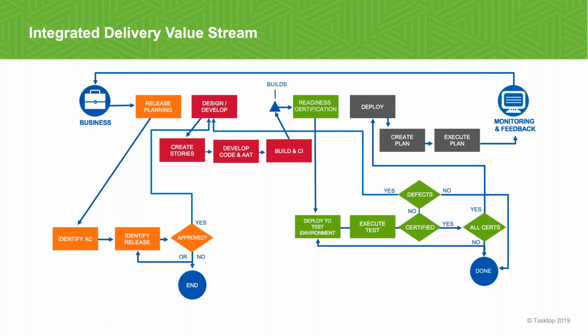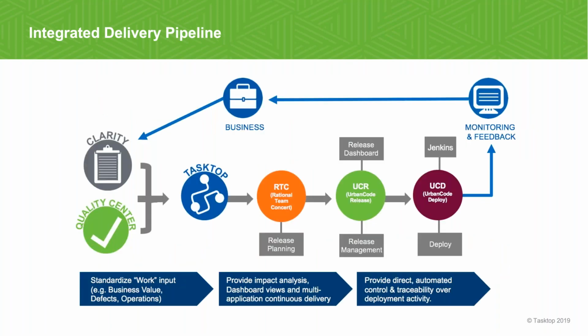Once you've figured out what your process is, then you also have to work on what your tools are. This is a customer of ours. They did this a bunch of years ago, before anybody was really talking about value stream management. And they said, well, everything the business puts into Clarity, then it goes into Rational and Urban Code and Urban Deploy.